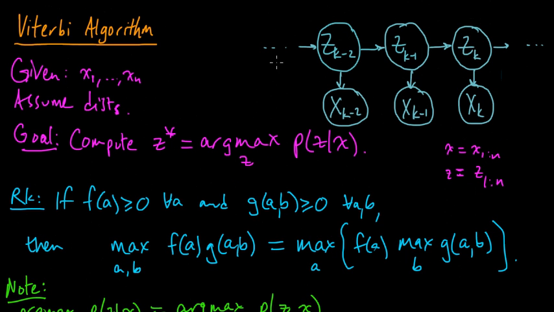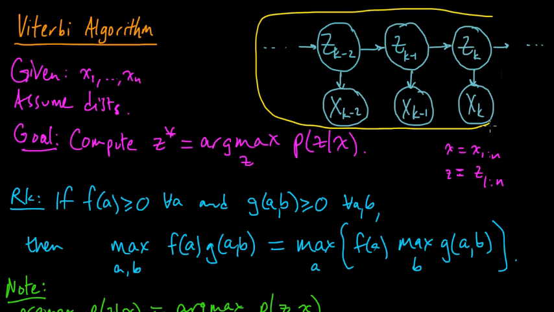So here, let's think about when k equals n. I wrote down the graphical model for the HMM here, and in the case when k equals n, so this is at the end, the joint distribution we're thinking about is just the distribution of the whole thing.